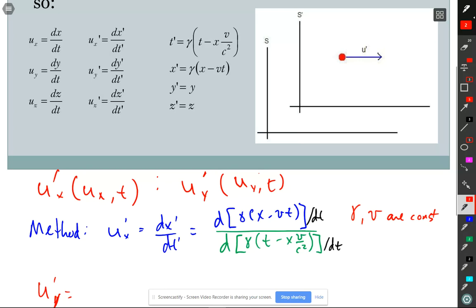This is not y prime. If you look up there, what is y prime equal to? Y prime is equal to dy over dt. No, it says y prime. Okay. And then u prime is equal to... T prime should be the other way around.